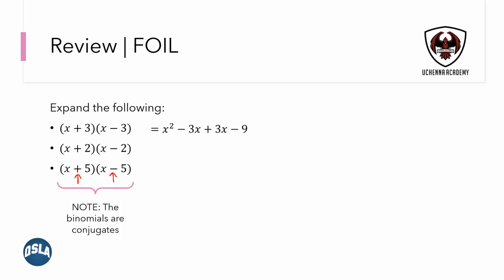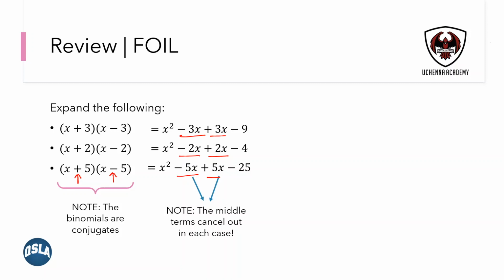When I go up and FOIL each one, this is what I should get for each expression. You can pause the video and convince yourself that that is the case. In each one of the cases, the two middle terms, the minus 3x plus 3x, minus 2x plus 2x, and minus 5x plus 2x, well, it cancels out. Isn't that amazing? So out of this four-term expression, when I expand it, I am left with just the first term and the last term.